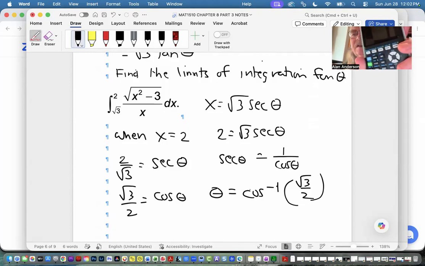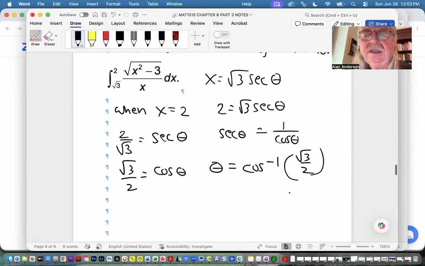Know how to do that on here. The second function of cosine is the arc cosine. Okay, so do that. Now that produces a very scary looking result on this calculator.